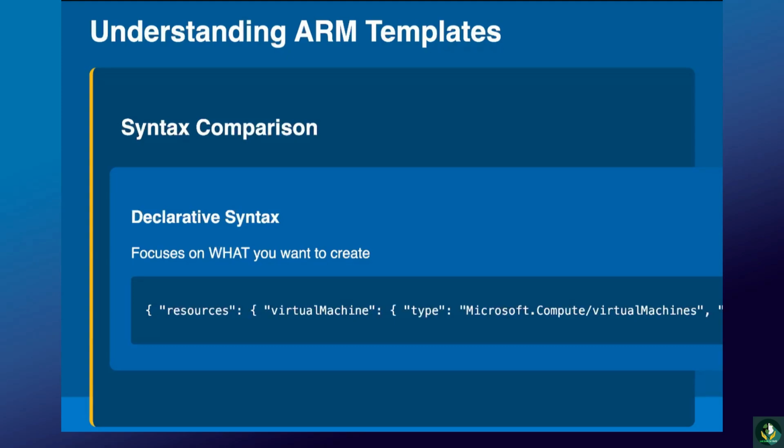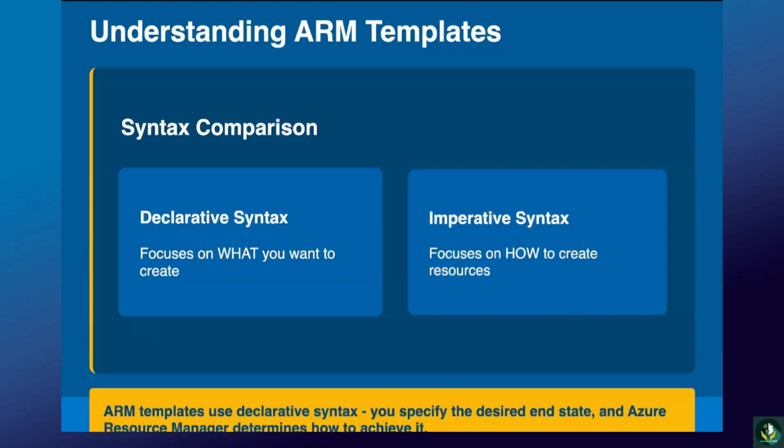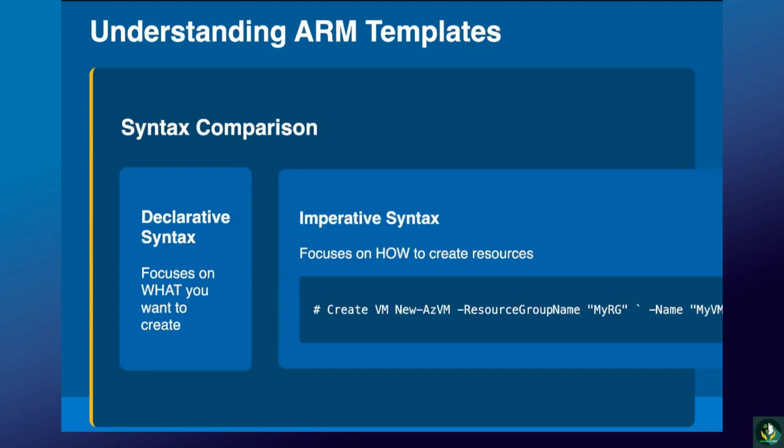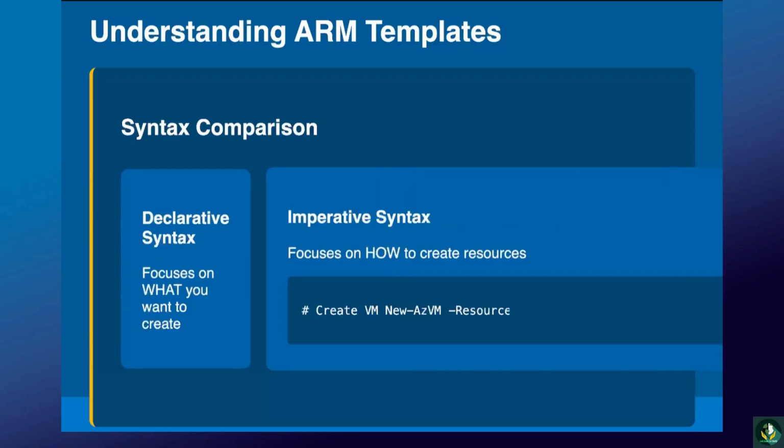Take a look at my screen and see how this declarative syntax looks like. If we minimize this declarative syntax example and maximize imperative syntax for you to compare the difference between declarative and imperative syntax. So if we click on imperative syntax, as you can see, it looks as follows. So now you can see the difference between declarative syntax, here it is, and imperative syntax, here it is.